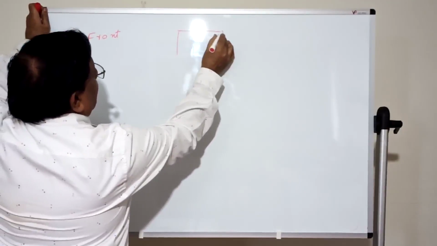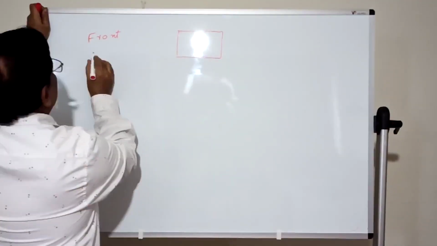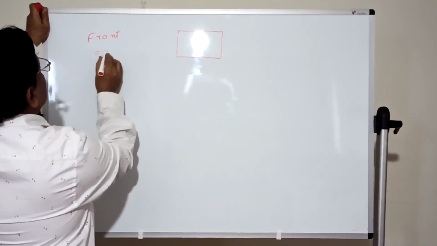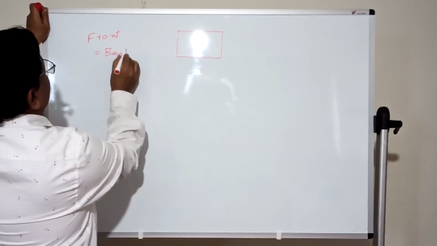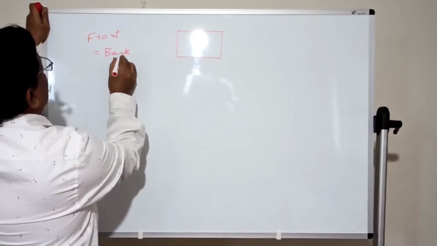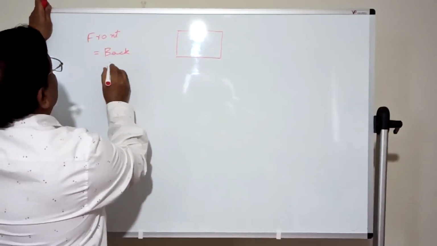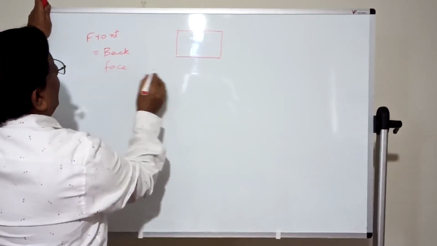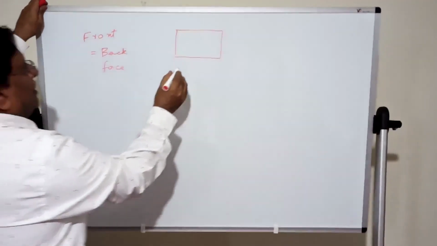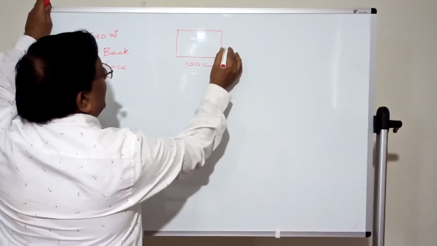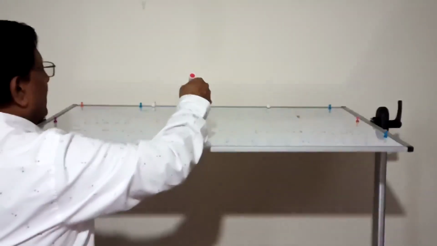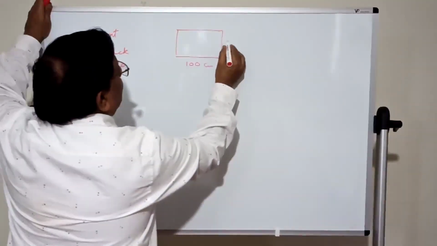This is also equal to the back side surface, or rear surface, back face. Front is 100 centimeters and the height is given as 50 centimeters.